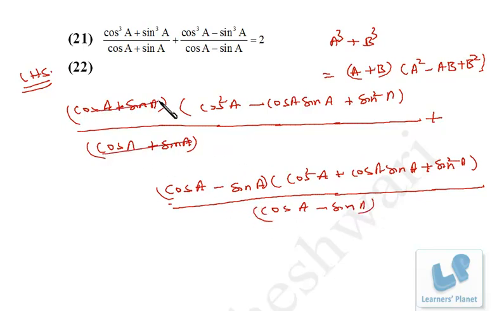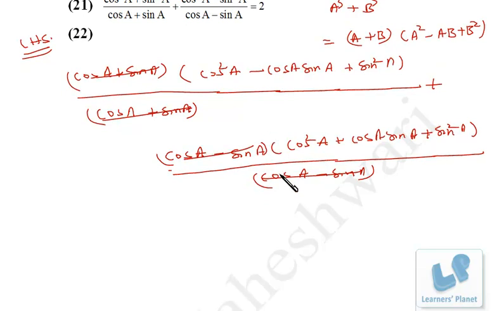Now this will be cancelled and similarly this will be cancelled. Now we are left with cos square a minus cos a sin a plus sin square a plus cos square a plus cos a sin a plus sin square a. I just rewrite it over here.